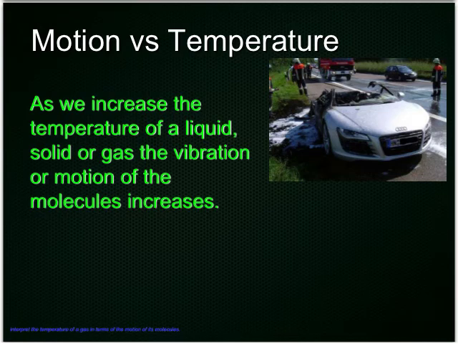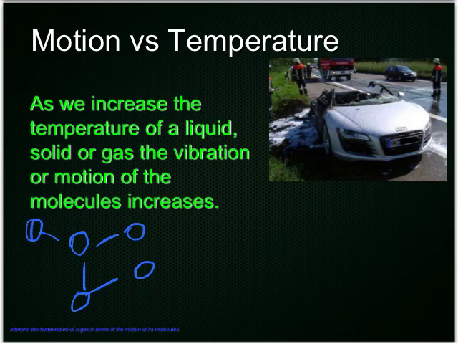Something I mentioned before, as we increase the temperature of a liquid, solid or gas, the vibration or motion of the molecules increases. So if we had a solid, here's my lattice in a solid. So the molecules or atoms are all nice and tightly bound. These vibrate on the spot.